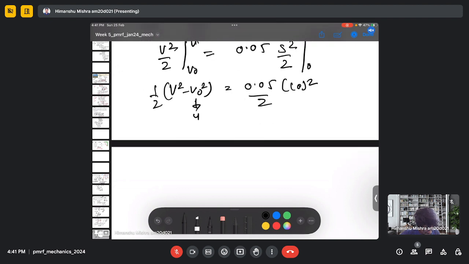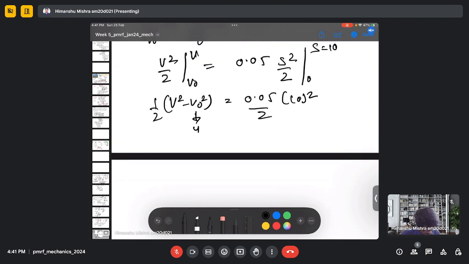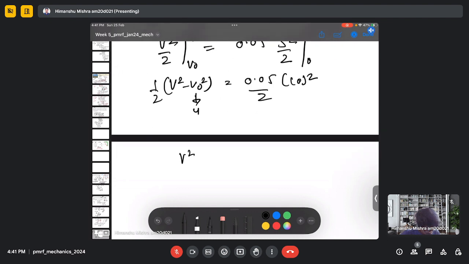And v naught is 4, so it will be v squared by 2 minus 8 equals 0.05 by 2 times 100, so it will be 5 by 2.